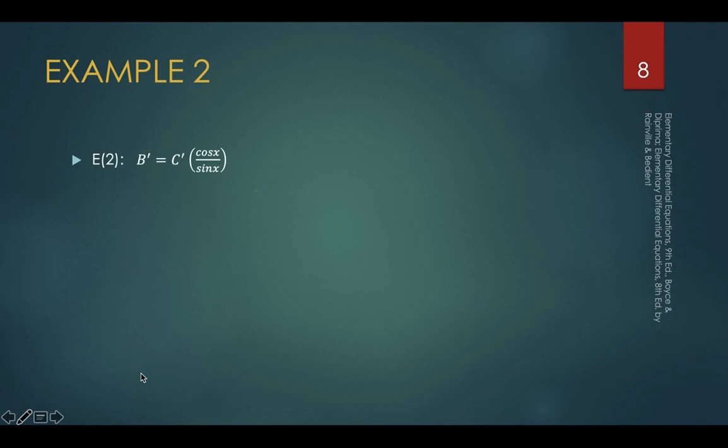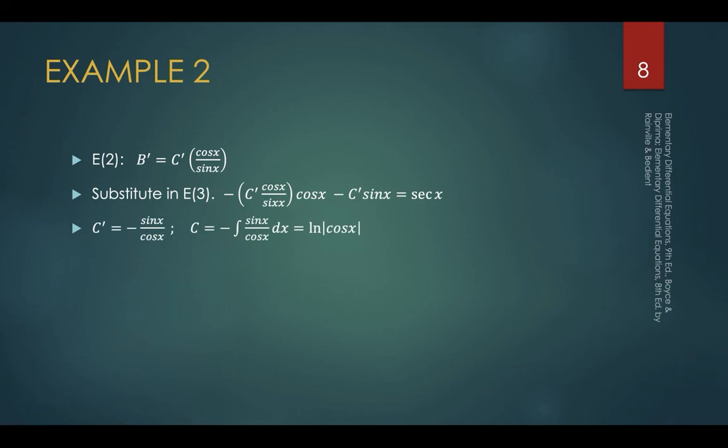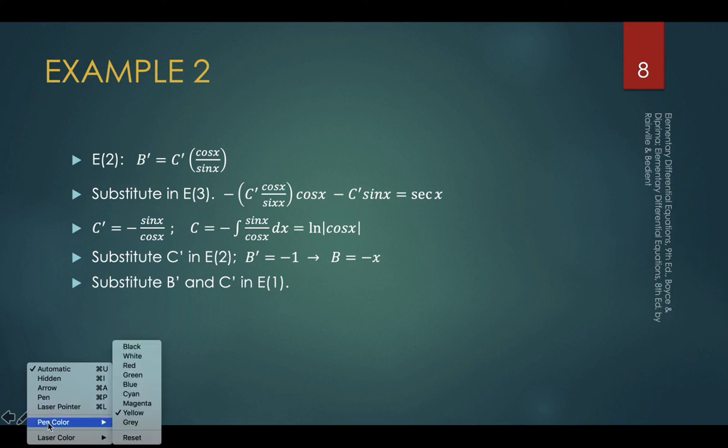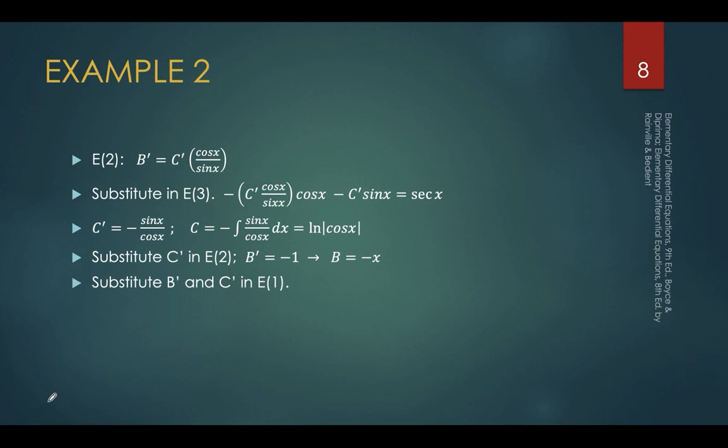So what I did here is by substitution. I get here b prime, which is negative 1. Using my previous solution, I get b prime equals negative 1, whose integral is negative x.